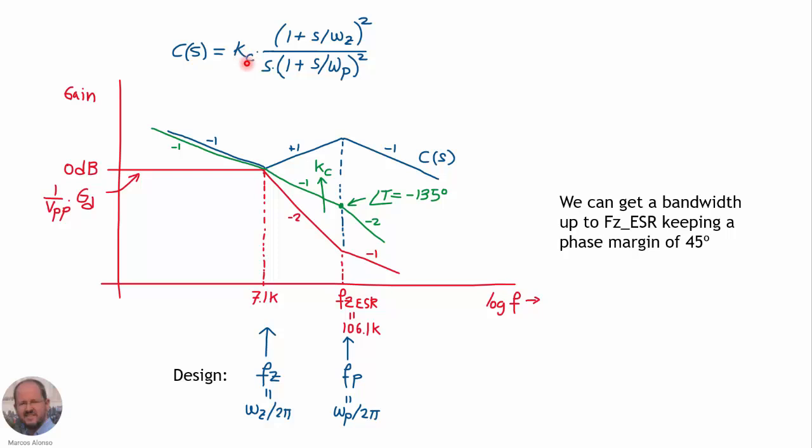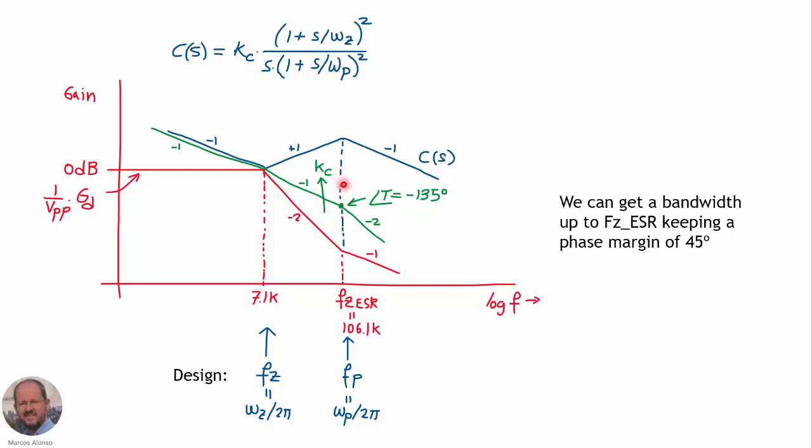So now the other parameter that we have in our compensator is the parameter Kc. So we can modify Kc and move up or down the loop gain response, so we can adjust the bandwidth that we want. Imagine that we increase Kc here, so the loop gain is going to move upwards. So we will be able to locate this point at 0 dB here, having a phase for the loop gain of minus 135 degrees, and therefore we could get a phase margin of 45 degrees.